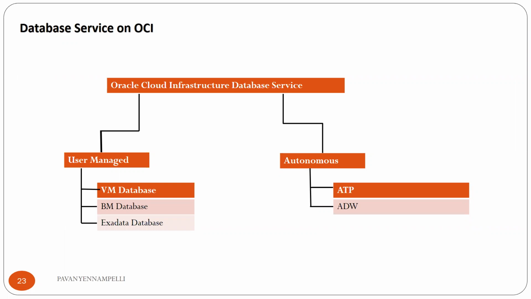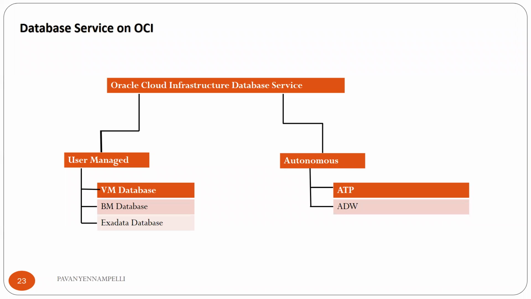In user managed services, we have three types of database machines: virtual machine database system, bare metal database system, and Exadata database machine. In autonomous, we have two types of databases: autonomous transaction processing and autonomous data warehouse.